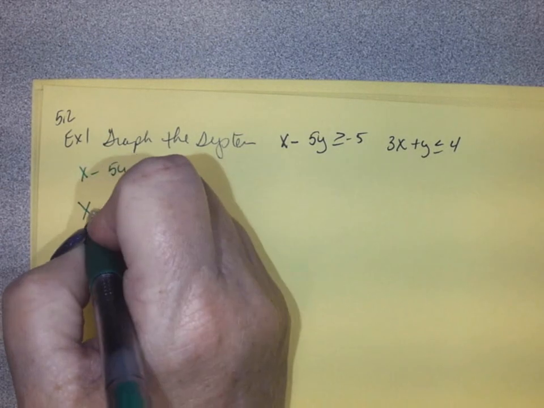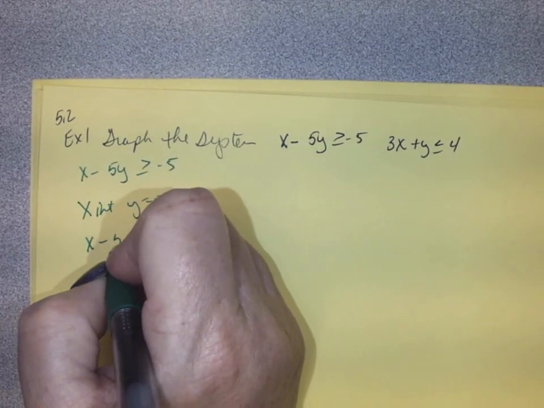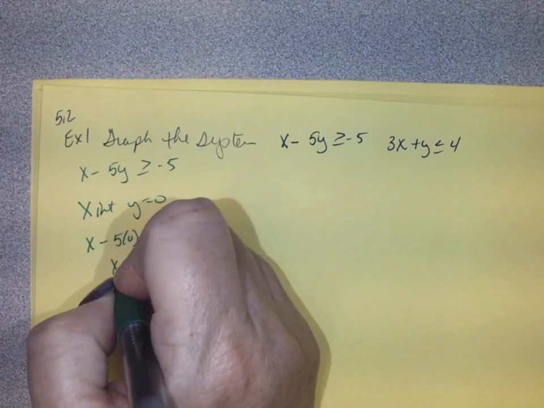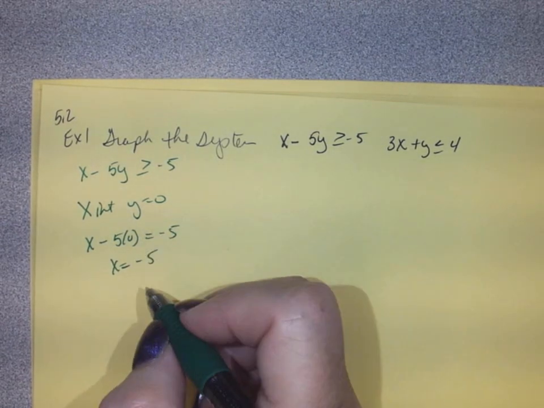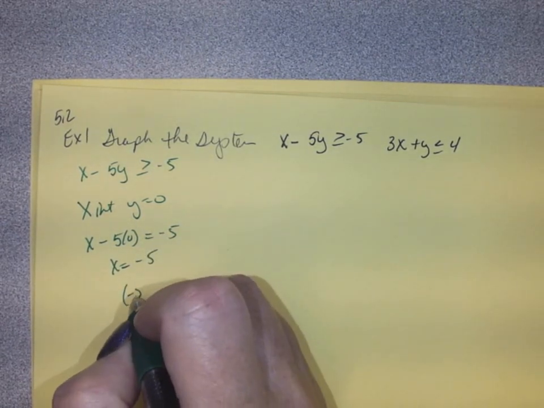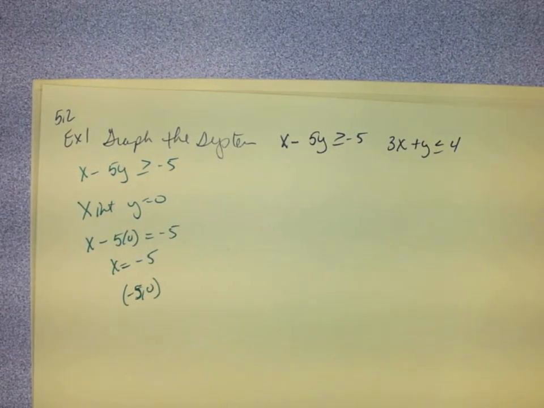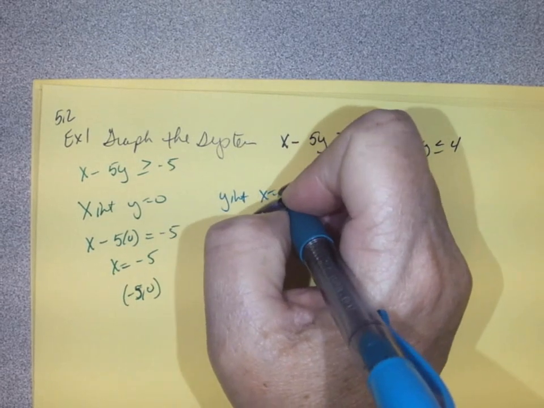So we're going to find the x-intercept, where we set y equal to 0. So x minus 5 times 0 equals -5. We get x equals -5. So that will give us (-5, 0) for our intercept. All right, our y-intercept, where x equals 0.